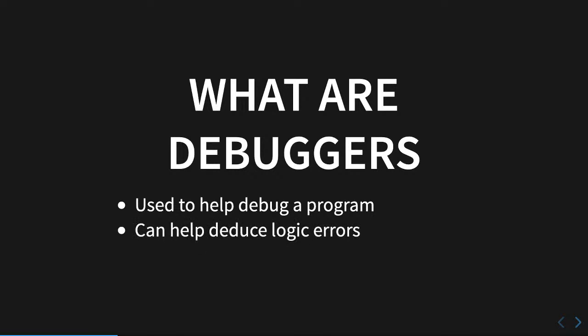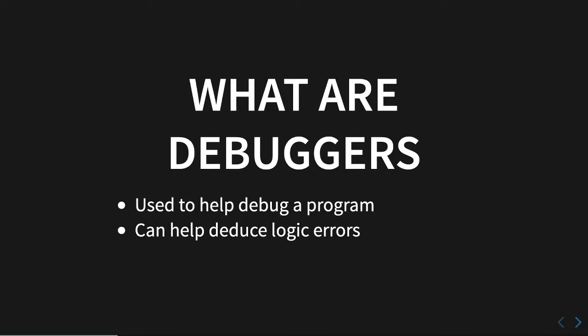So what are debuggers? It sounds kind of obvious, but they're used to help you debug a program. Today we're focusing on C and C++ debuggers because that's a language we use fairly frequently here at DSU, so it makes the most sense. It can help you find logic errors without doing printfs everywhere to know what's happening.